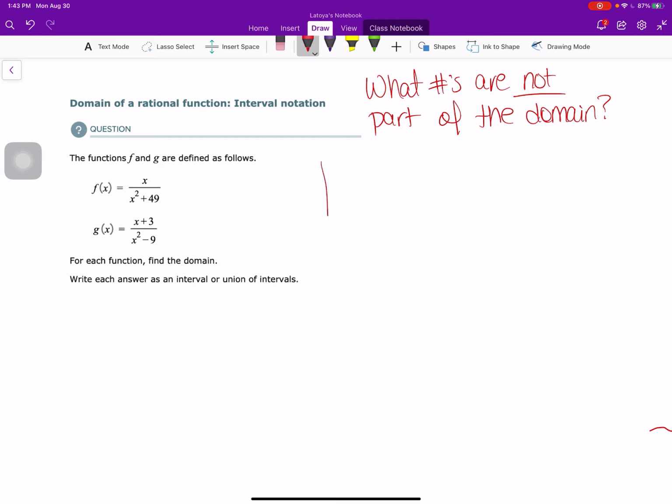So let's look at this f of x function first. Depending on the type of function, you're going to look at it through a different lens. What I see here with this f of x function is that I have a rational function. All of these in this topic are rational functions, which is fine. So here's the big thing with rational functions.